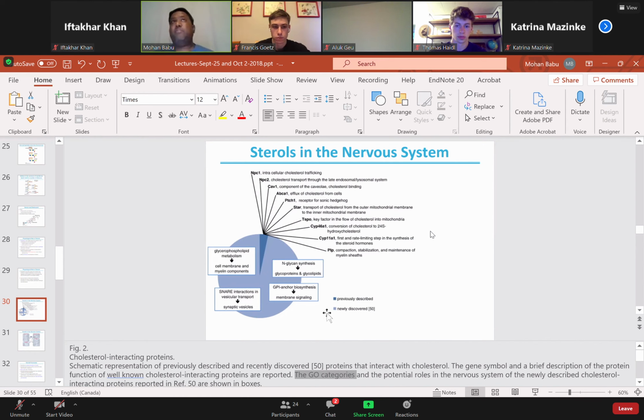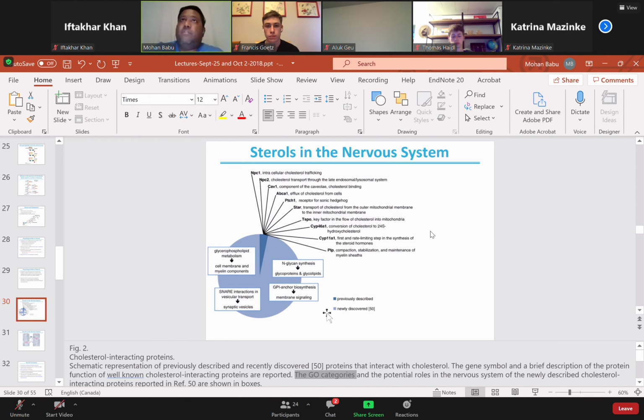The most important thing is it has molecular function, cellular component, and biological process. Biological process is based on the biological processes, molecular function is based on molecular processes, and cellular component is based on subcellular localization. So where does it localize to? Each gene, you can figure out where we can classify them to.